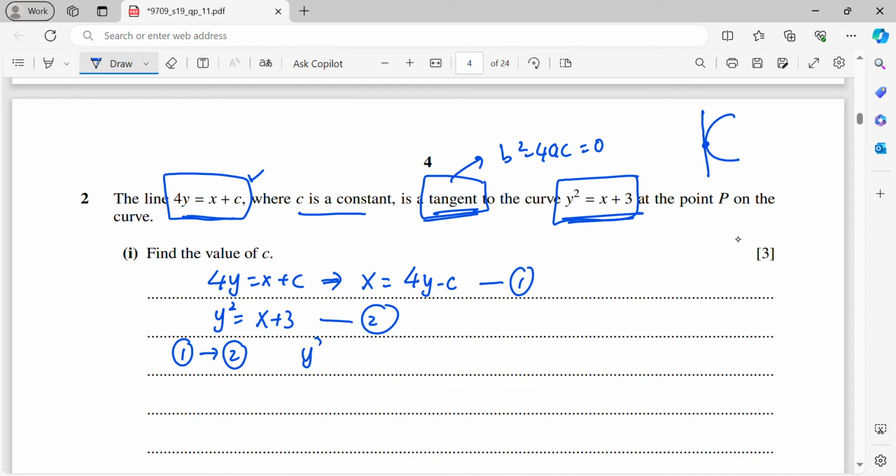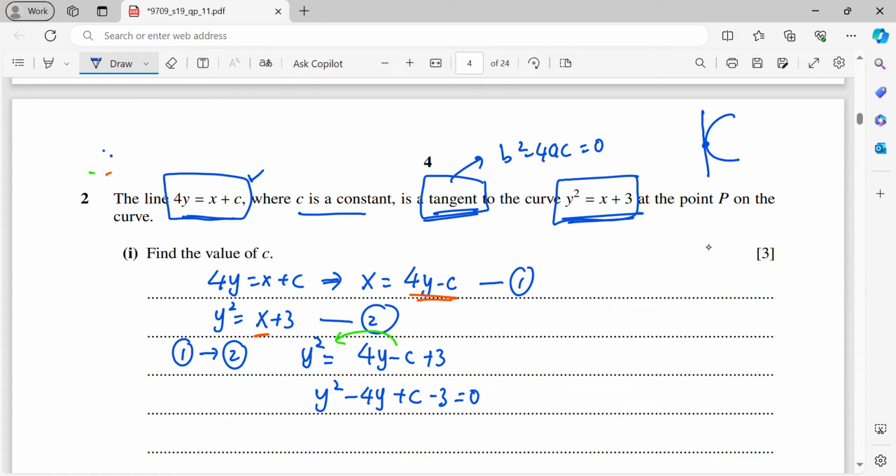That means now you are getting y squared equals, now the x itself will be replaced by these two terms. Therefore, I will be getting 4y minus c, that is my x, and then plus 3. Then I will move all the terms to the left hand side to make it a quadratic equation. Therefore, you will be getting y squared minus 4y plus c minus 3 equals 0.